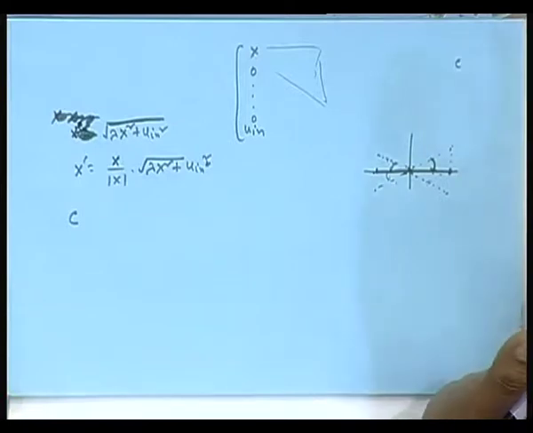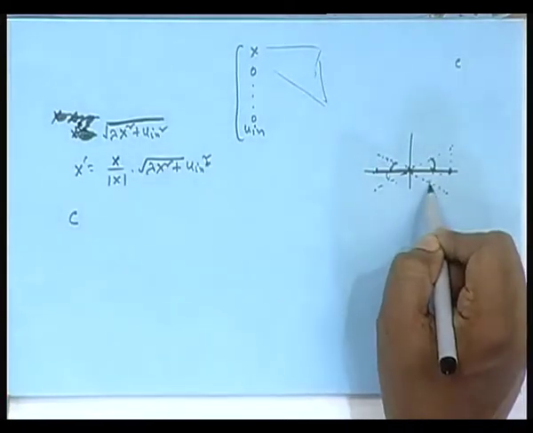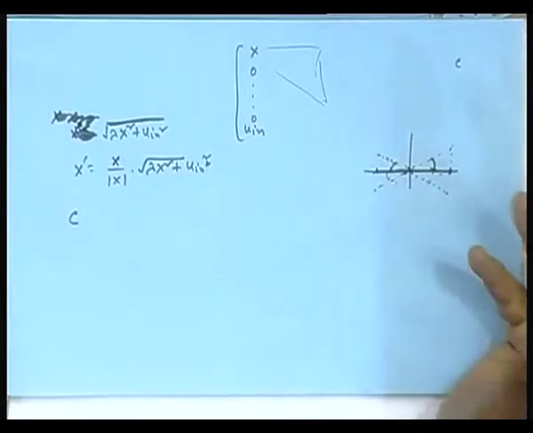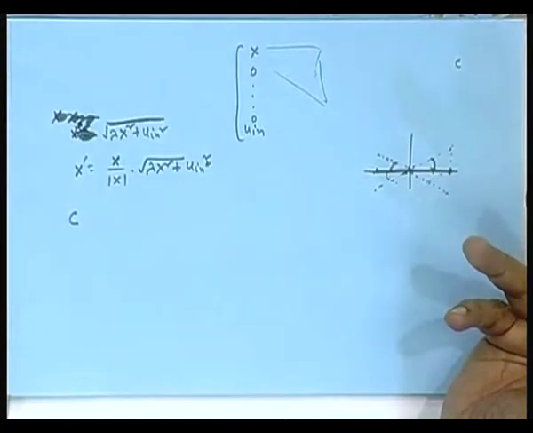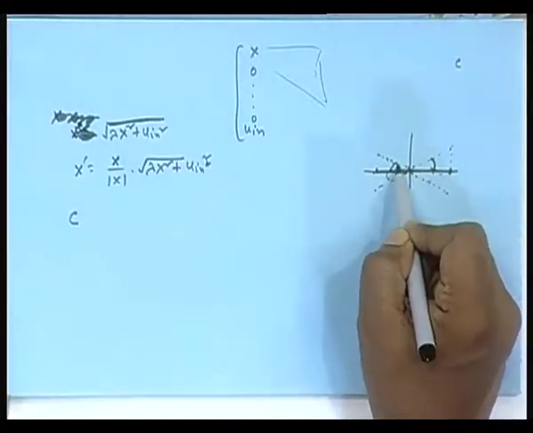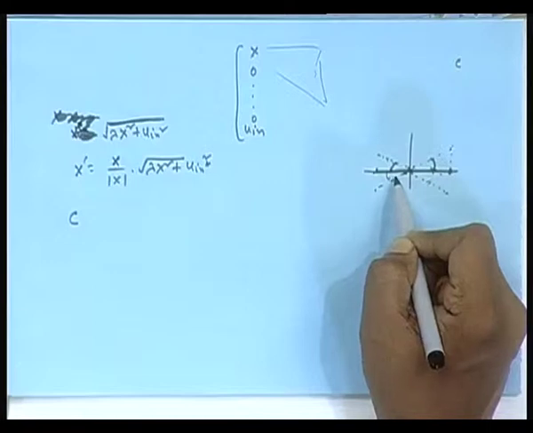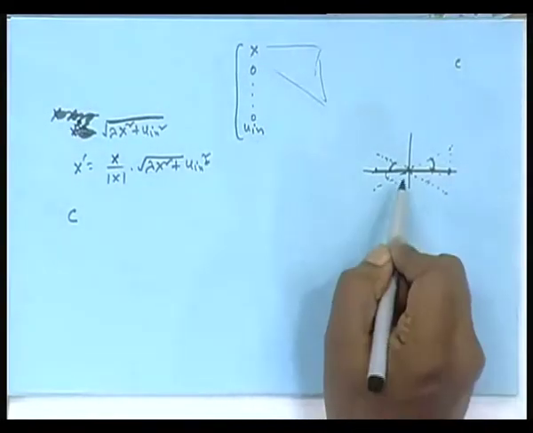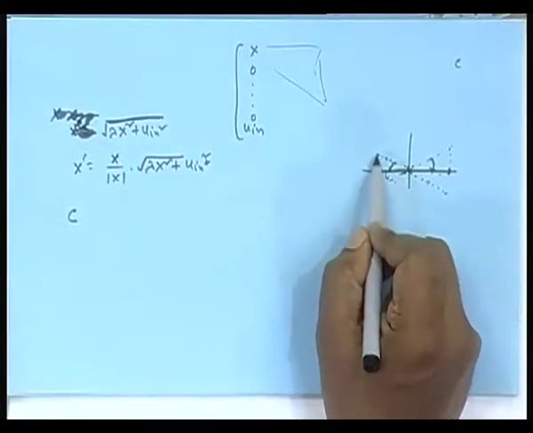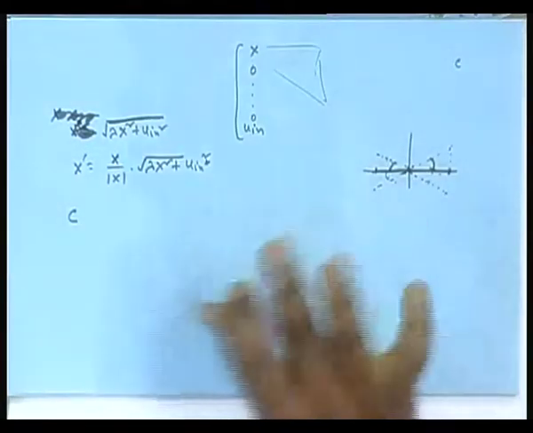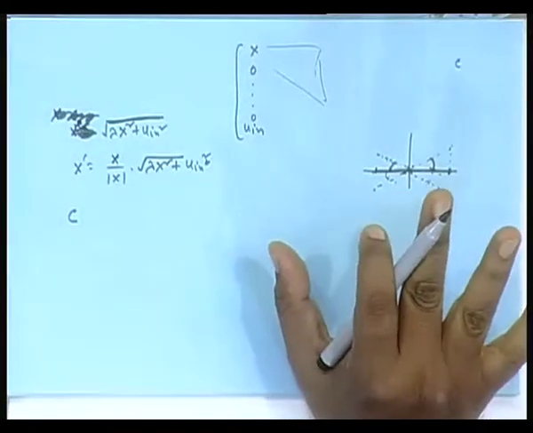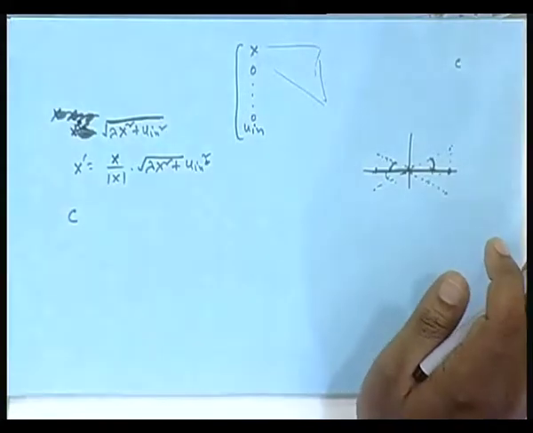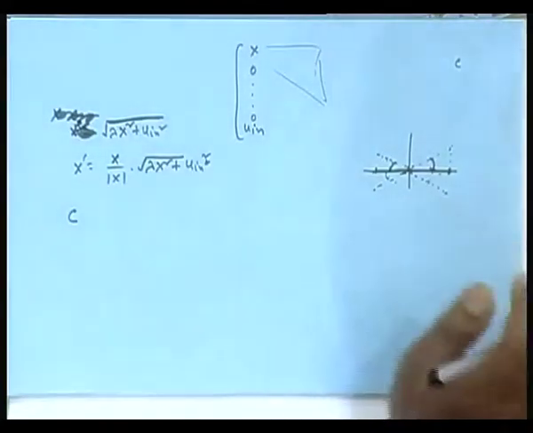Our convention was this way, but even if the angle is in the opposite direction, cos of that is positive. Similarly, here counterclockwise, C is positive. Problem comes with S. S again, whether this is in this direction and this is positive or negative, or this is in this direction, this is positive or negative. S is more complicated. But again, this is elementary trigonometry, and certainly you people are very smart on this.